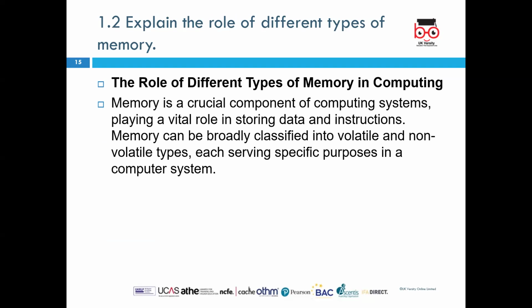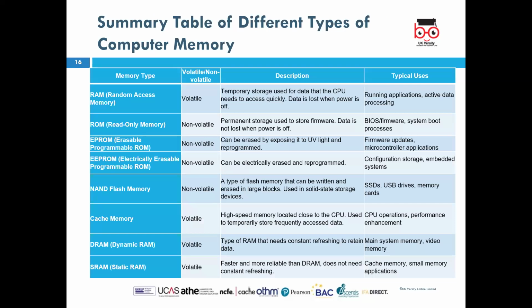Now we're going to look into explaining the role of different types of memory. Memory is a very important component of our computer system, and we have to classify it as volatile or non-volatile. We know random access memory is a volatile type of memory.